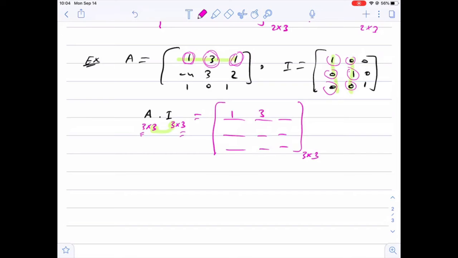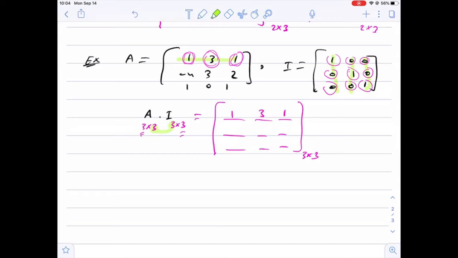Now we multiply it by the third column, so we have 1 times 0 is 0, 3 times 0 is 0, 1 times 1, 1. So that's the first distribution of the first row over the columns of the matrix I.